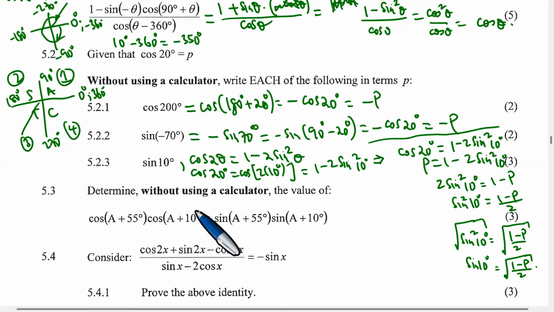So now determine without the use of a calculator the value of this. So in other words, what is sine 10? Sine 10 can be seen as the square root of 1 minus P over 2. Okay, now there's another identity we use. If it's cosine, cosine, sine, sine, we use the identity cosine of alpha minus beta.